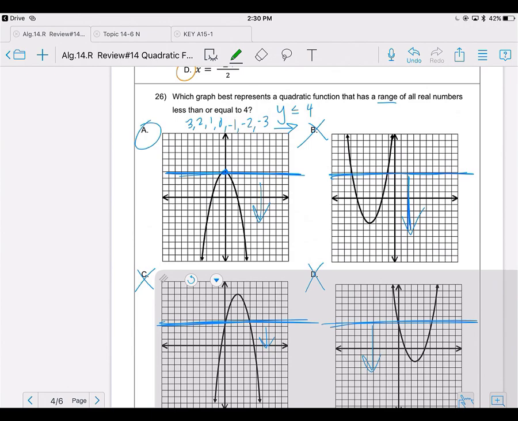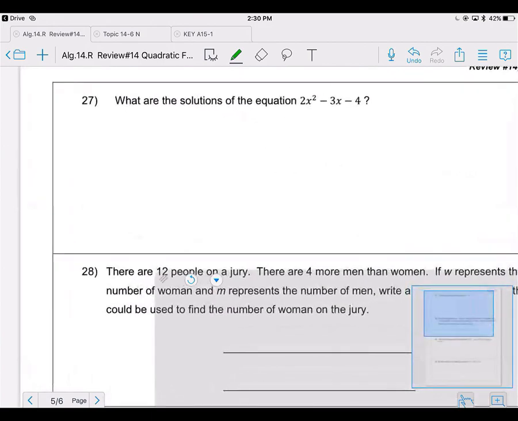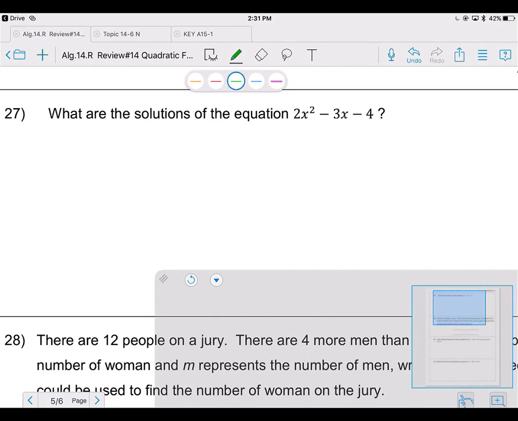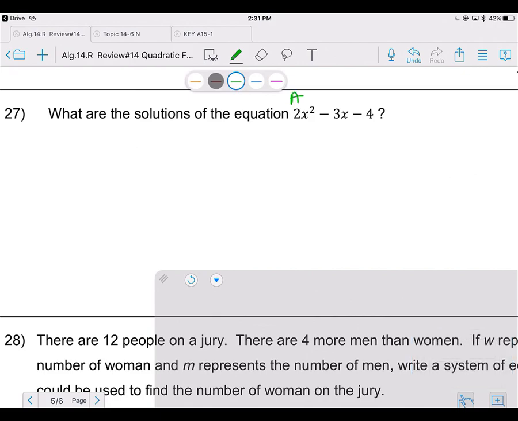Okay. Page 5. What are the solutions to 2x squared minus 3x minus 4? If you try to factor this, it will not work. You could try to put it in the calculator, but this is one where we have to use the quadratic formula again. So we have A, B, and C. Remember your quadratic formula.